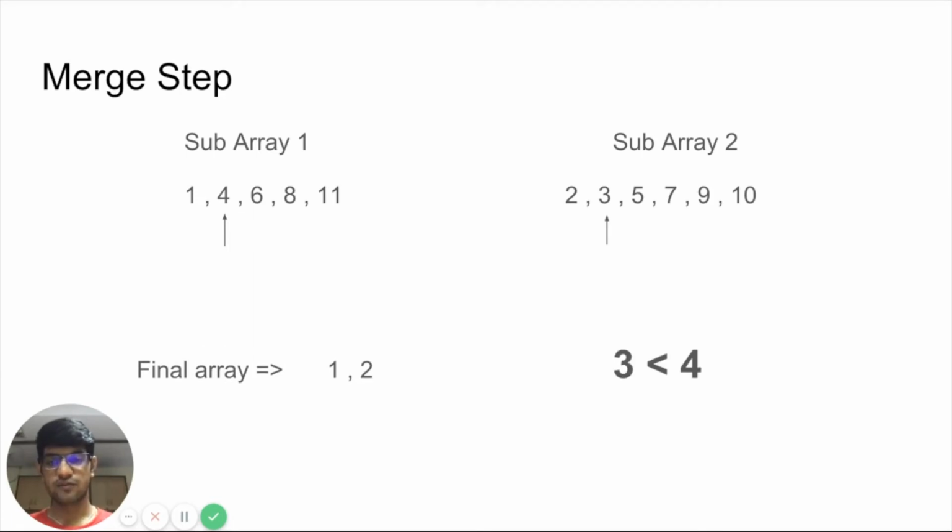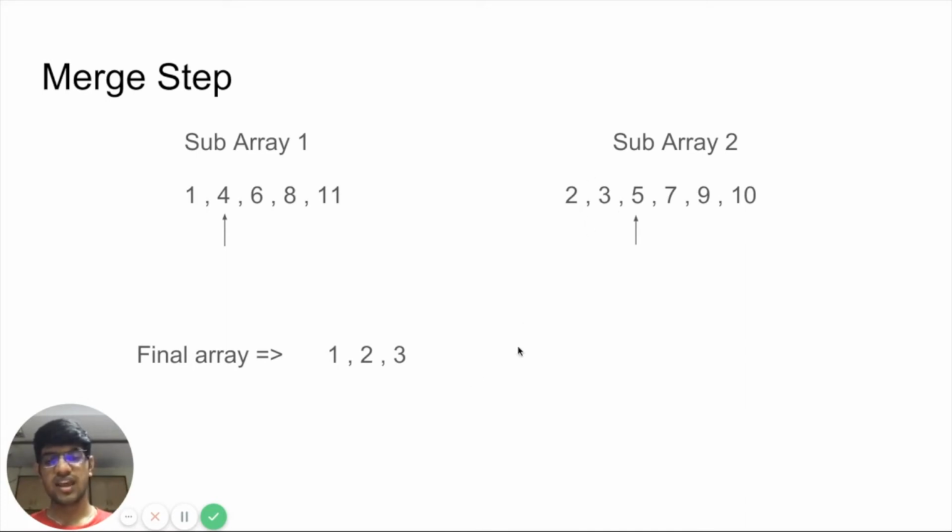Since 3 is less than 4, we'll be including 3 into our final array as the next step. Notice at this point of time that two elements successively came into the final array from the same subarray. This is exactly the reason why choosing alternate elements from both the subarrays will not form the final sorted array in all the cases. Hence, it is a point to be noted.